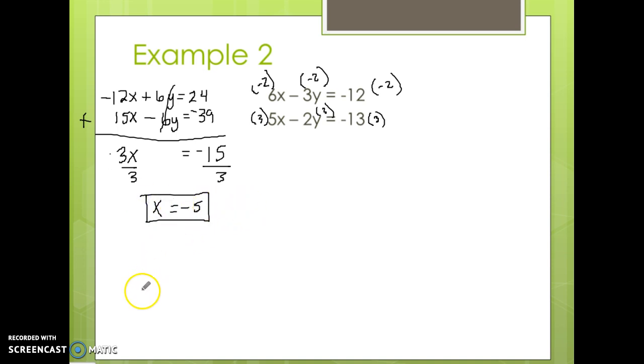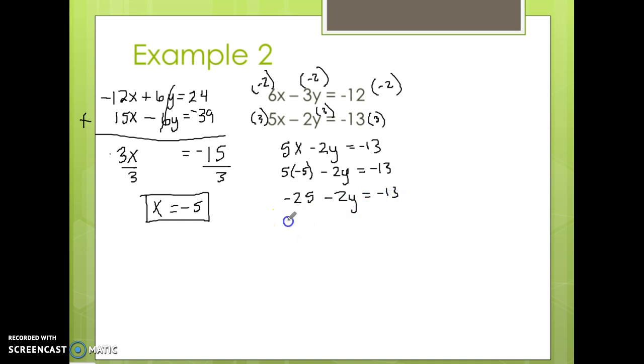Plug it back in to find y. I recommend using your original equations, that way you're less likely to make a mistake if you had made a mistake in the multiplying. So if we choose this bottom equation, 5x minus 2y equals negative 13, and I plug in negative 5, 5 times negative 5 minus 2y equals negative 13, and you get negative 25 minus 2y equals negative 13.